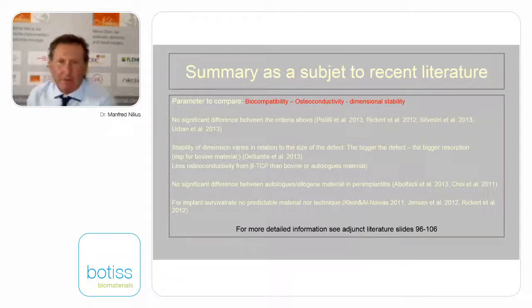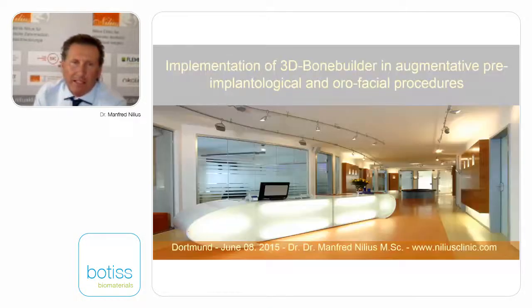And peri-implantitis was described by Fazli, and the implant survival rate is not a matter of the technique, it's almost a matter of the doctor who is doing the surgery. And for more detailed information, you can see the next slides, 96 to 106.